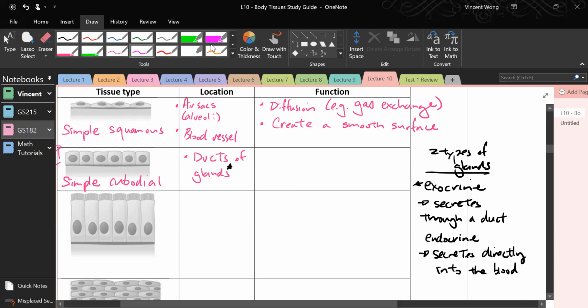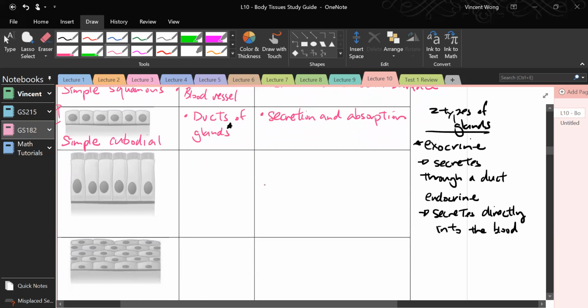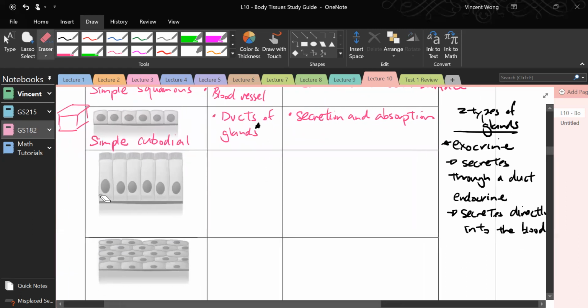What are they good for? Well, they are good for secretion and sometimes even absorption. Like in the kidneys, you're going to have some of these simple cuboidal. It's going to help you absorb things. Next one, we have the columns here, and they have little hairs. The hairs, as you know, are called cilia.